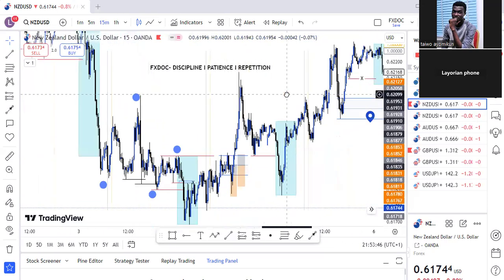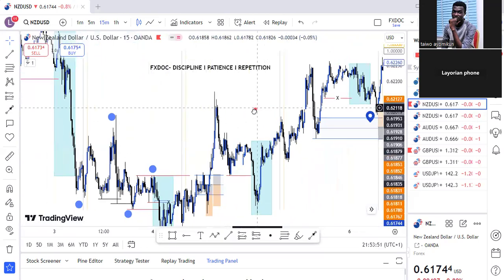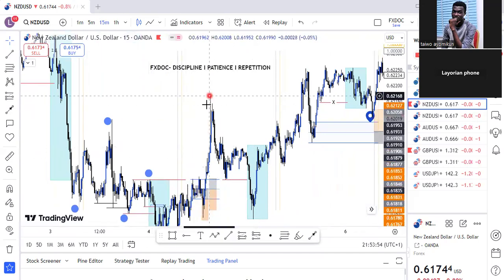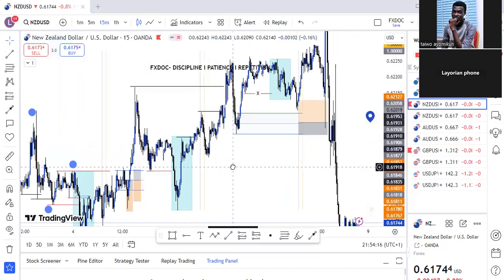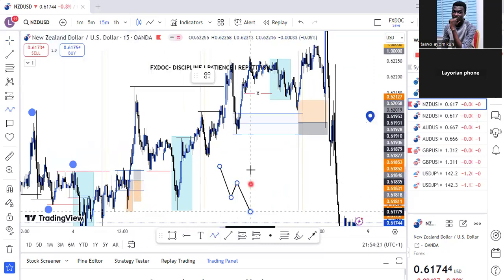Then another thing that happened was that, look here, while price was going up here to create this structure, this is where the aspect of internal structures or minor structure comes in. You can see that it is creating a series of moves inside it before it actually took out this high. So it is giving us a pattern that looks somewhat like this.